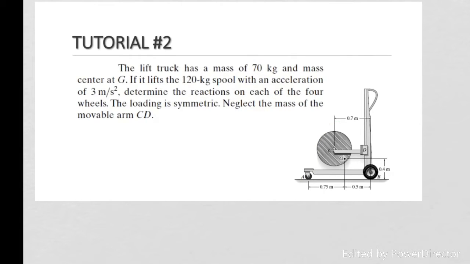And right now, the acceleration will be 3 meters per second squared. So now determine the reaction on each of the 4 wheels. Now there's another tricky part here: 4 wheels.